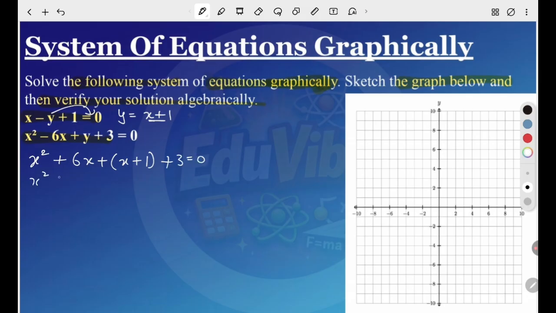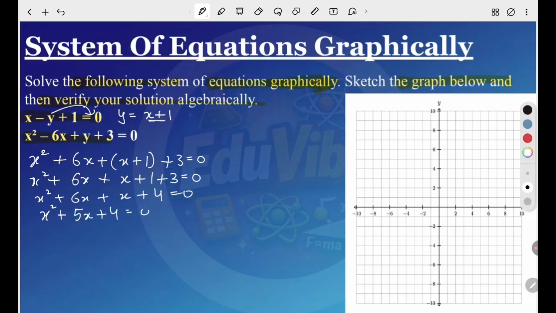From here we get x squared plus 6x plus x plus 1 plus 3 is equal to 0, and we get x squared plus 6x plus x plus 3 and 1 is 4, is equal to 0. 6x plus 1x is 7x, plus 4 is equal to 0.